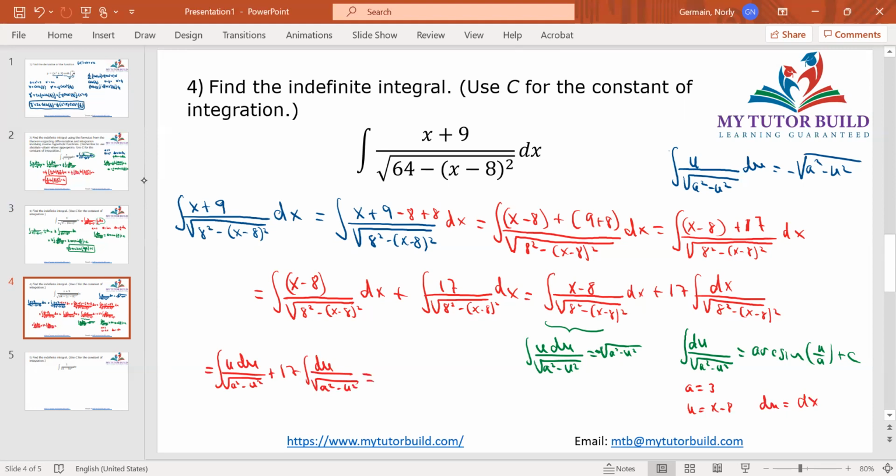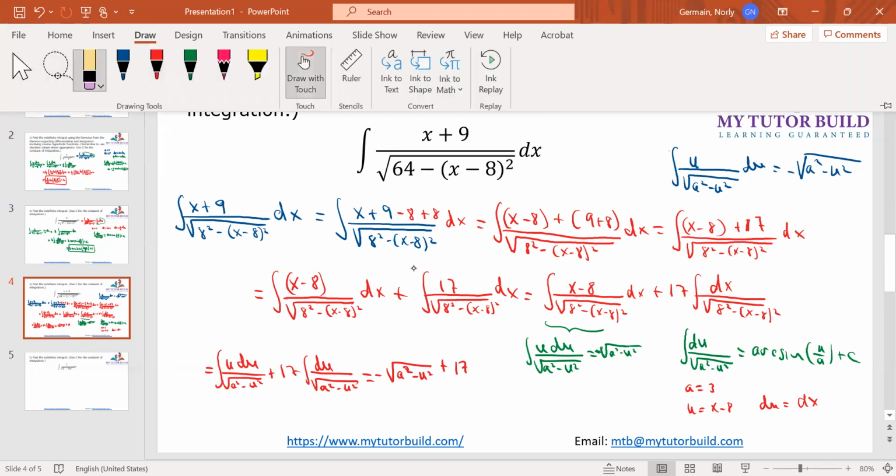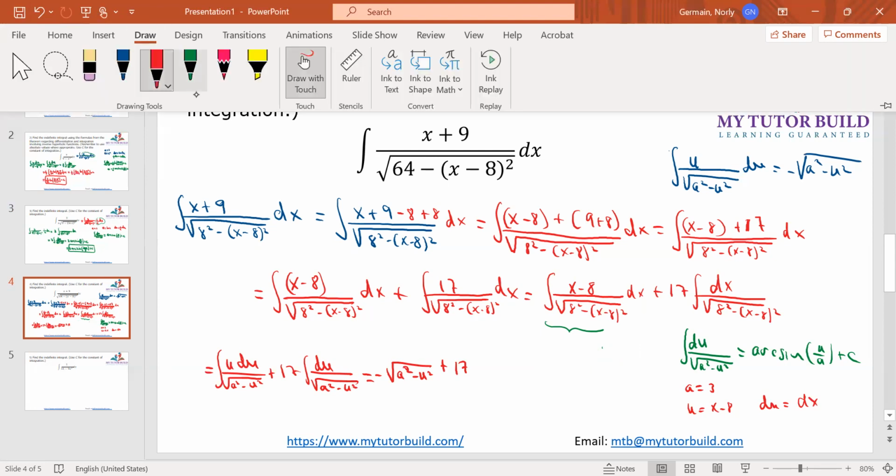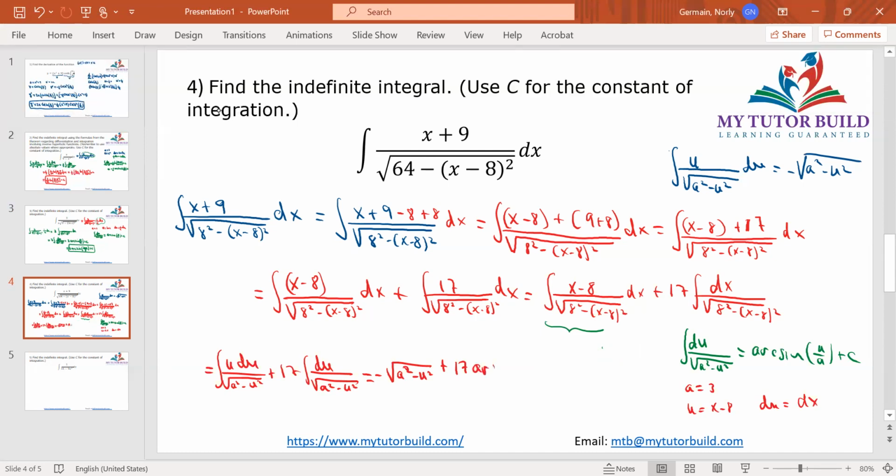So what we end up having is negative square root of a square minus u square for the first term plus 17. So we can erase those because you know what those are for now. Okay, so we can have plus 17 arc sinus u over a plus c.